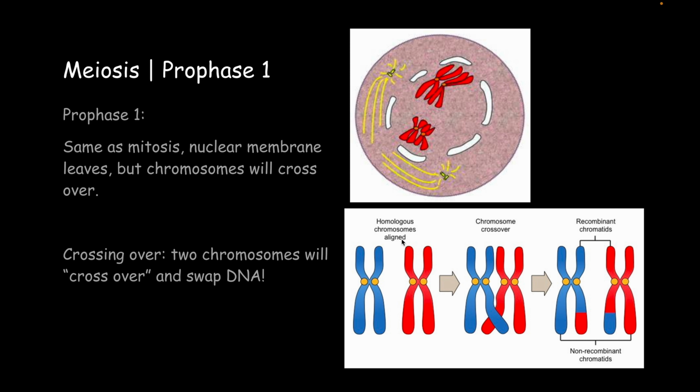If you can see in this little graphic down here, we have the homologous chromosomes. They match up, you get one from mom, one from dad. They swap DNA, and this is actually how you get your genetic variation. Like, you look at your brother and you're like, you look nothing like me. That's because of crossing over. So be happy for that.